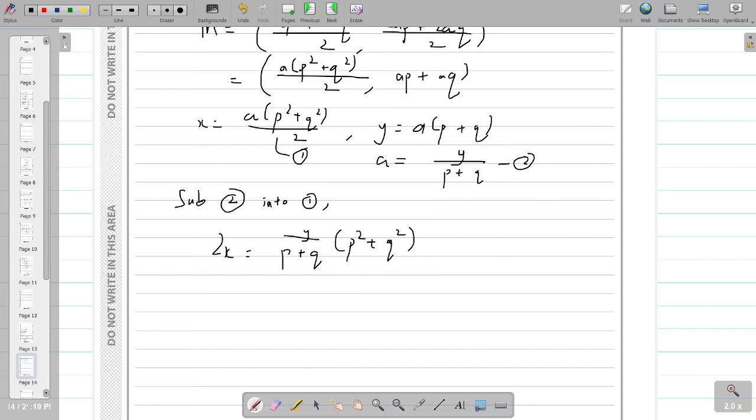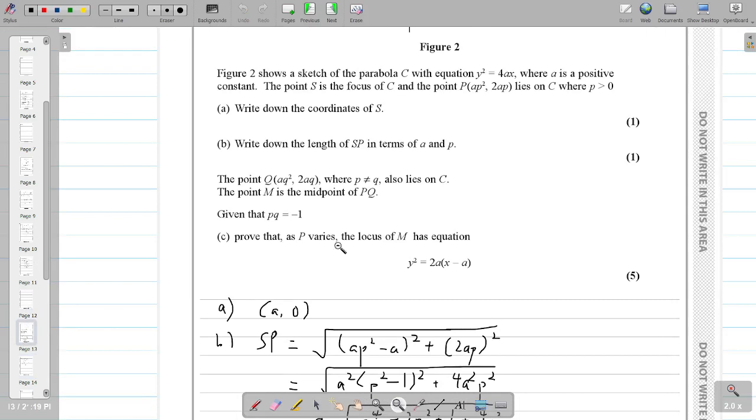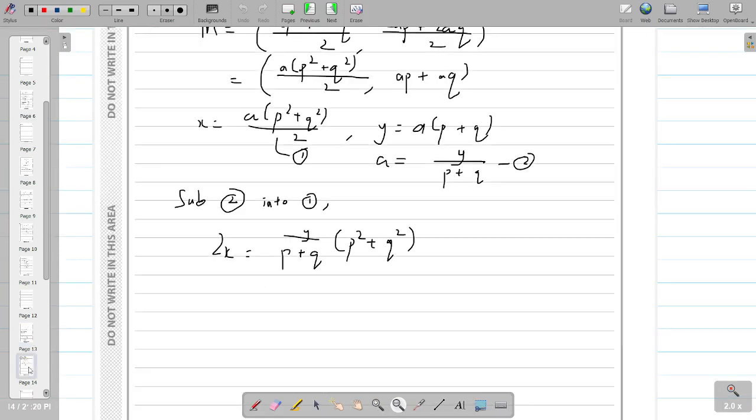Okay, hold on. What does it say in the question again? Okay, hold on. It says prove that as P varies, the locus. All right, PQ is equal to minus 1. Okay, so we don't want A to be gone.